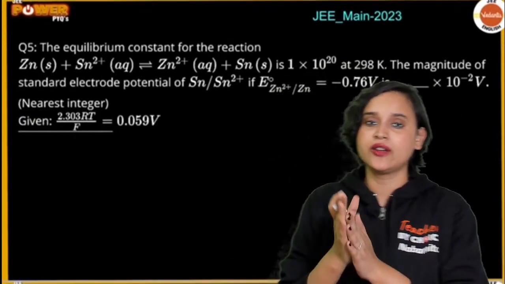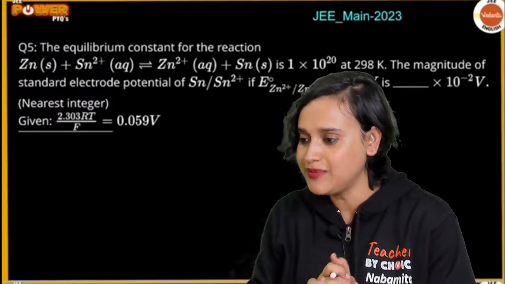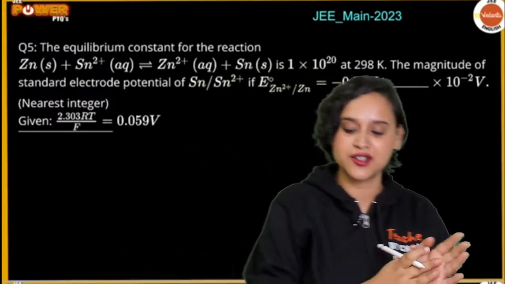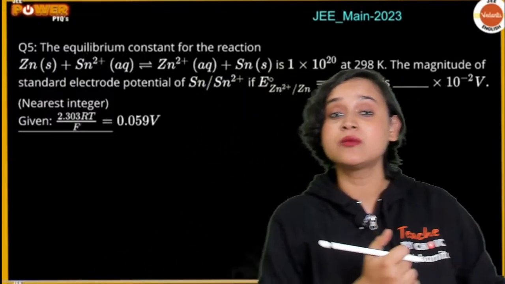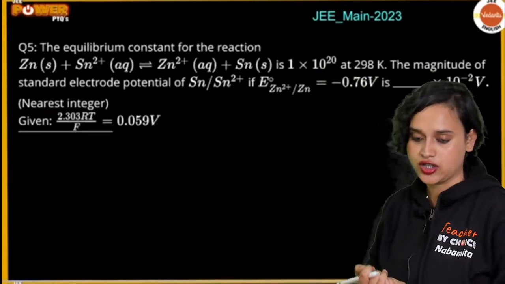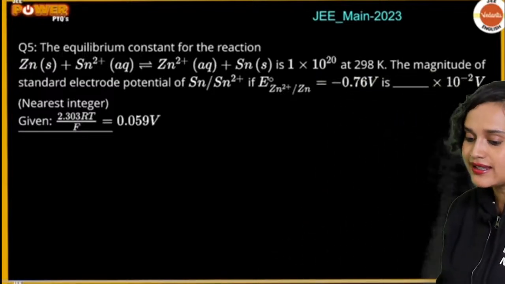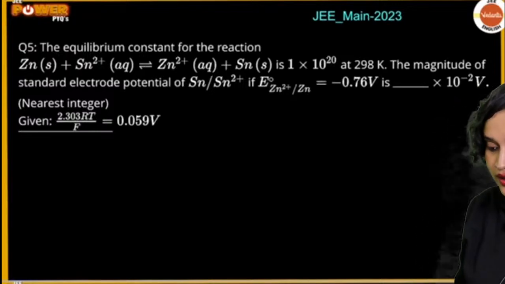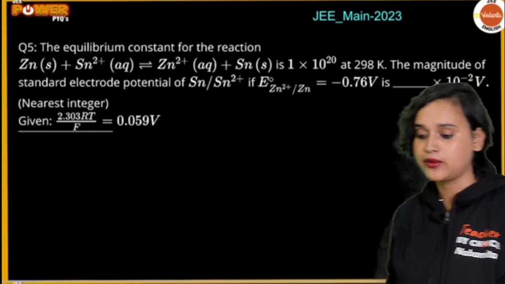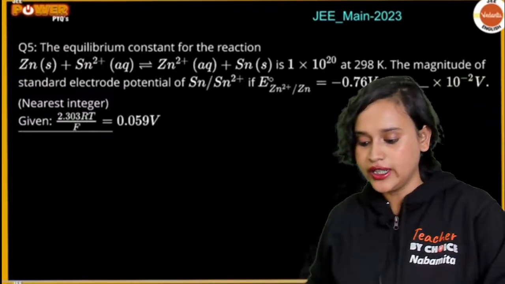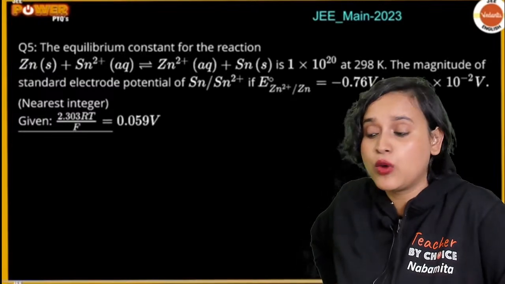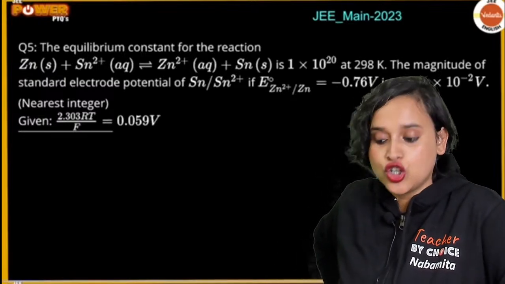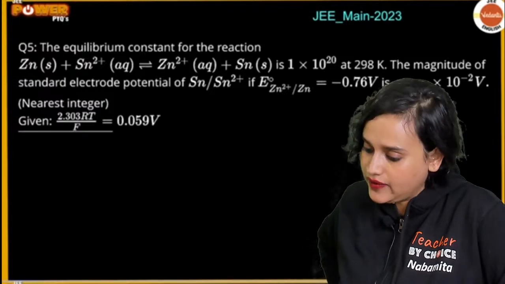The next question, everybody, is, amazing. The equilibrium constant for the reaction ZnS plus Sn2+ aqueous gives Zn2+ aqueous plus Sn solid is 1 into 10 to the power 20 at 298 Kelvin.